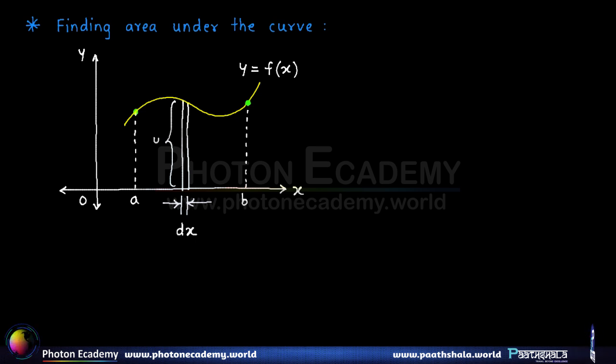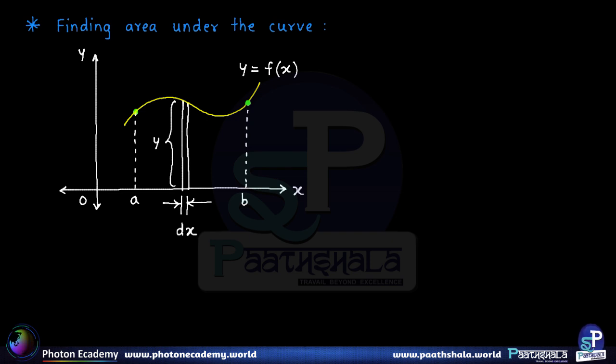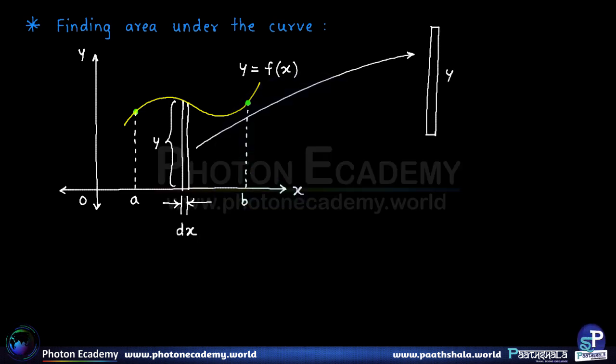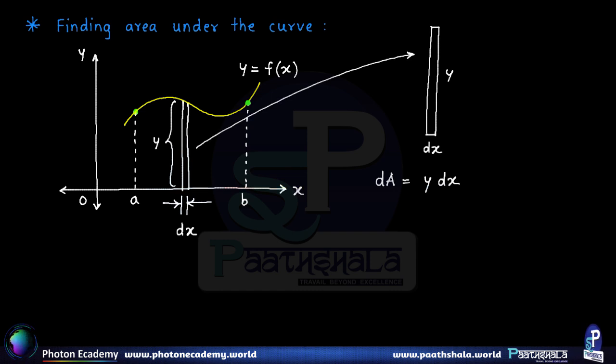They won't have different lengths, so we consider both of them as the same. That means the strip is nothing but a rectangle of length y and breadth dx. Therefore its small area, denoted by dA, is length into breadth, which is y into dx. So this is the area of one small vertical strip.